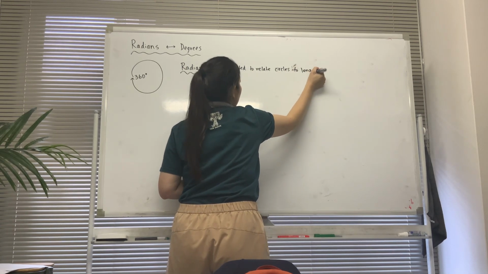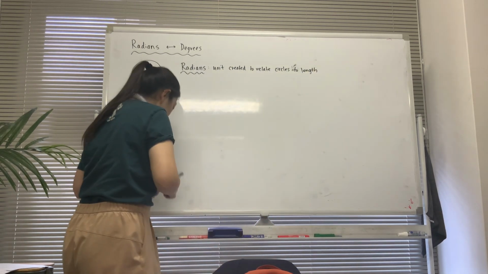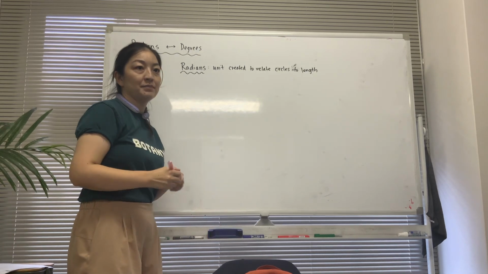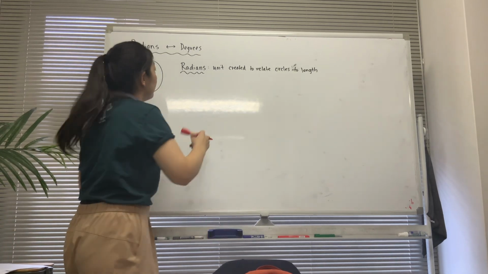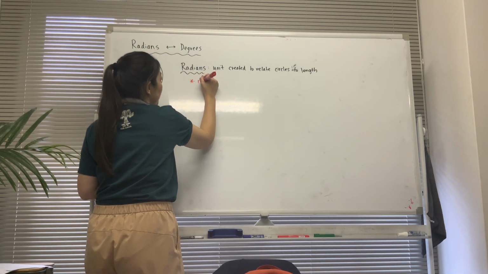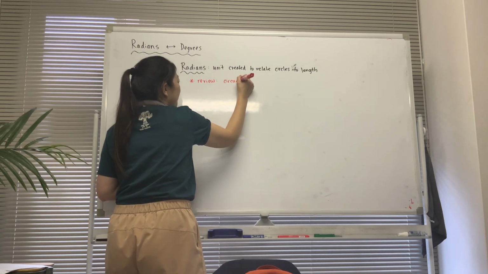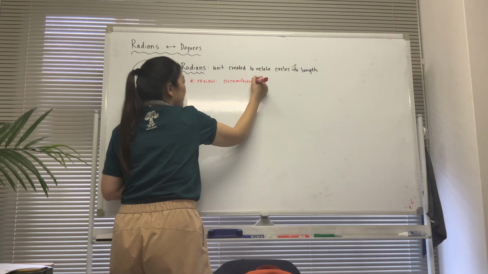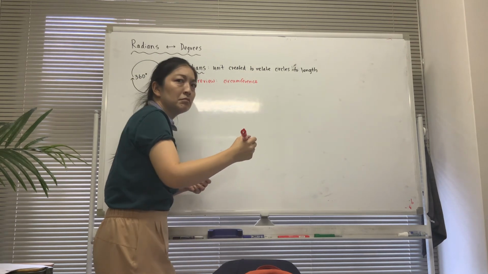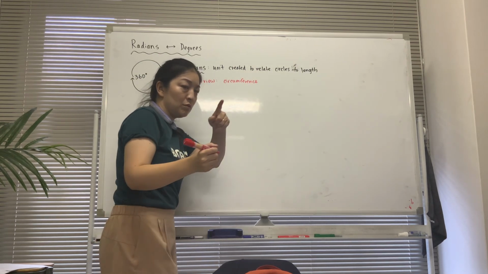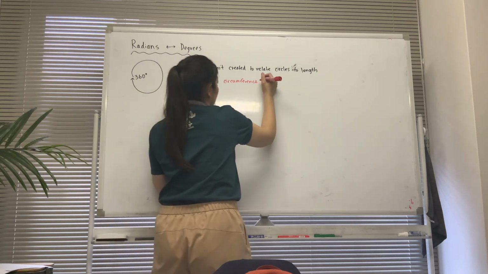Okay, so what is the formula for circumference? Circumference of a circle is what? Diameter times pi. Or 2 pi r.